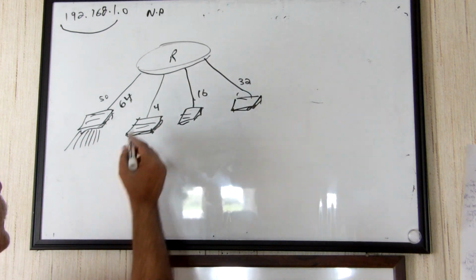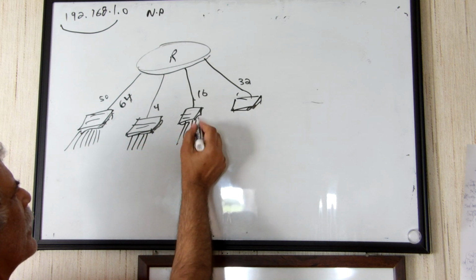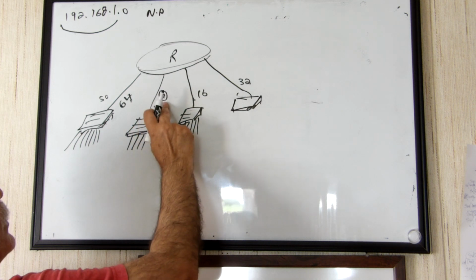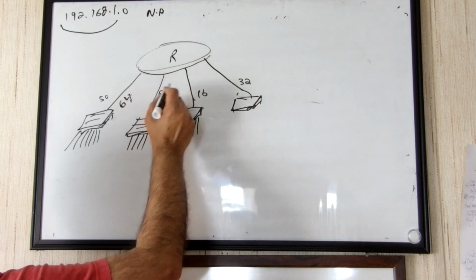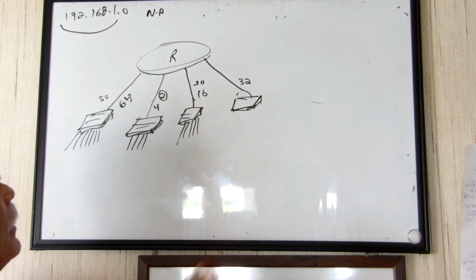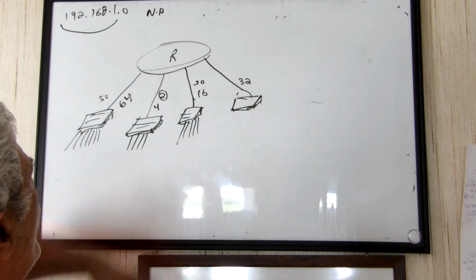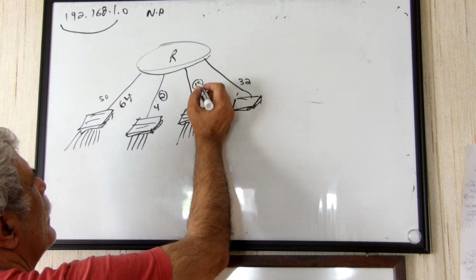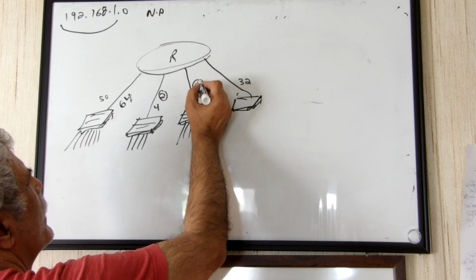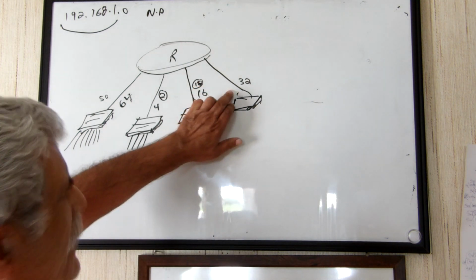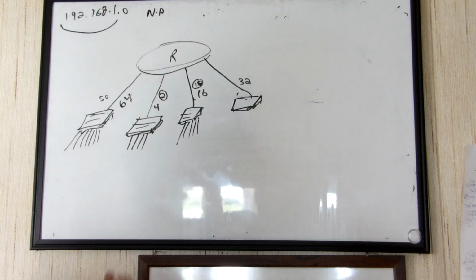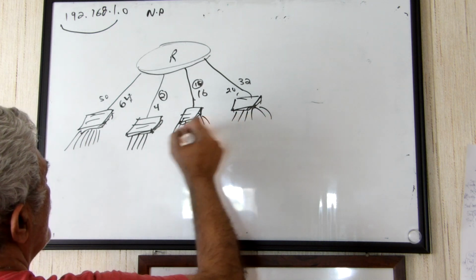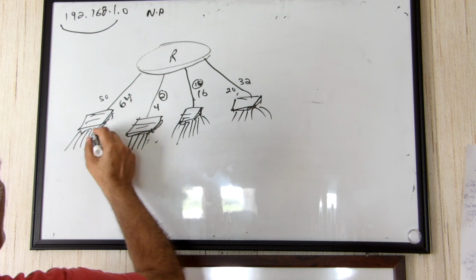And here we have 4 computers attached to this one. And for the 16 here, the number needed was 10 and we provide 16, and here we needed 20 and we provide 32. So there are 20 of them here, 16 here, 4 here, and 50 computers.